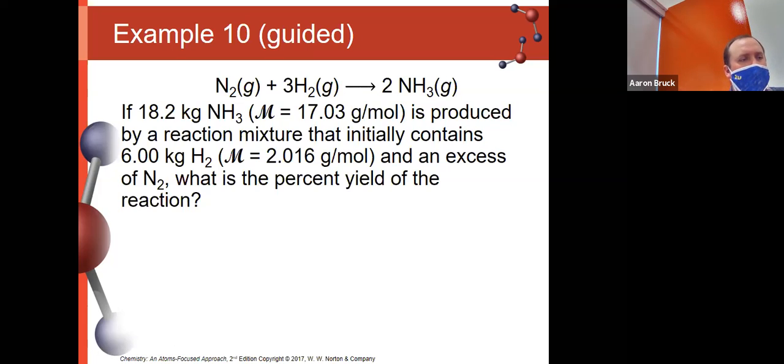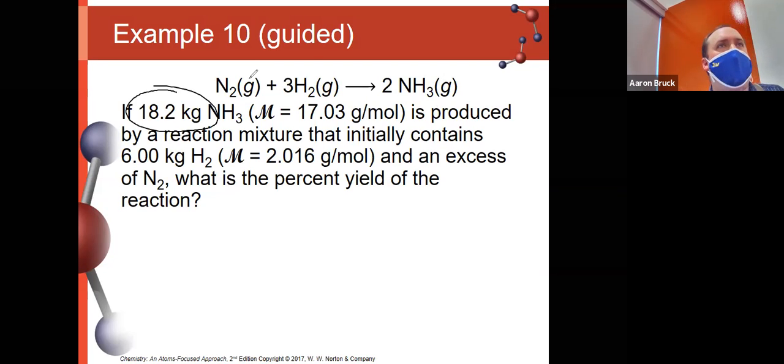Another question. If 18.2 kilograms of ammonia is produced by the reaction mixture that initially contains 6 kilograms of hydrogen and an excess of nitrogen, what is the percent yield of the reaction? So we've got two things here. First, we are told how much ammonia was produced by the reaction.